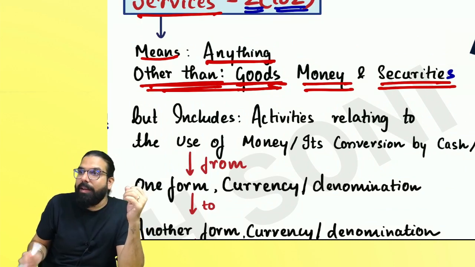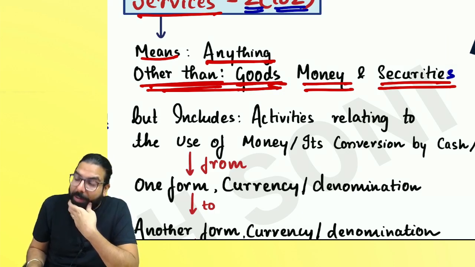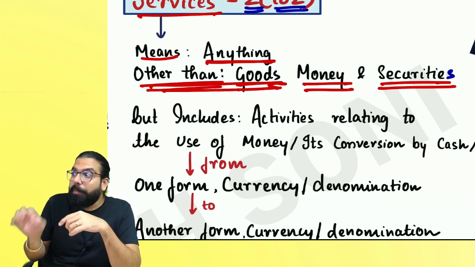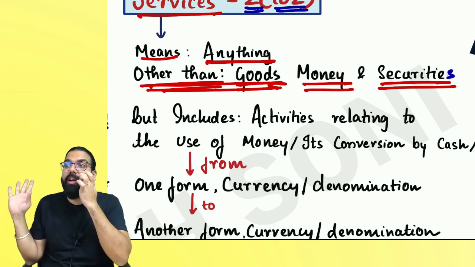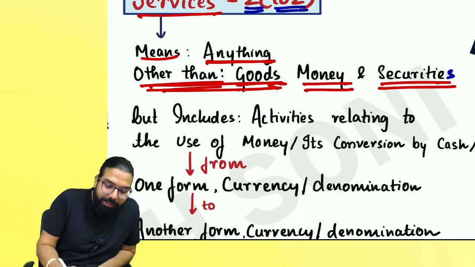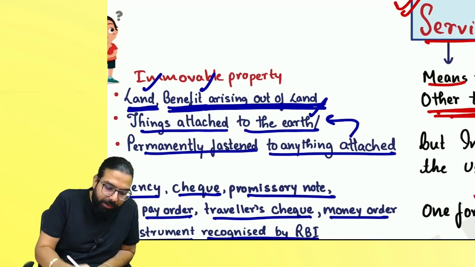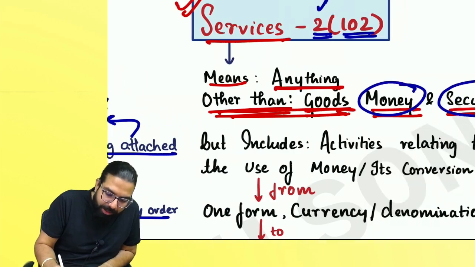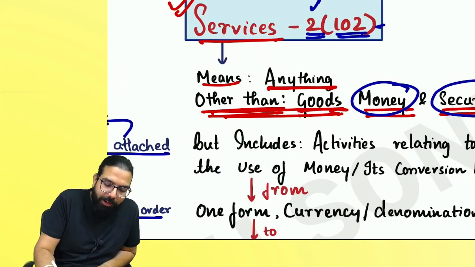Service means anything other than goods, money, and securities. It means money and securities are neither goods nor service. Got it, everyone? It means money and securities are out from service also. But here, movable property is included, and anything other than goods is what? Immovable property. Immovable property is included in service. Can I go ahead, everyone?